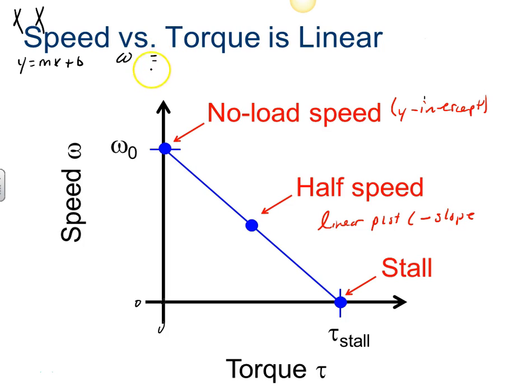That's going to be equal to a slope, and the slope equals the rise, which here is from 0 up to omega 0, divided by our run, which is tau stall minus 0, so that's just tau stall.